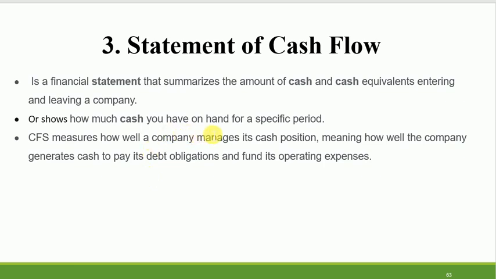So it shows us how much cash we have in hand at a specific period of time, how a company manages its cash position, and how the company generates the cash which they will later pay to the debtors, and with which they will properly cover their operating expenses, right?